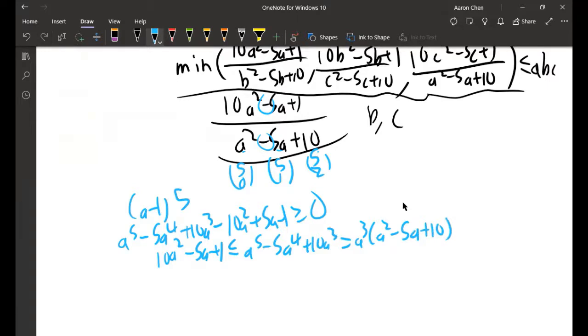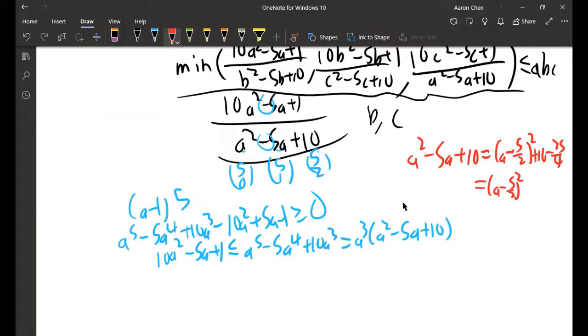And so now we have that. And so we now have that a squared minus 5a plus 10 is equal to a minus 5 halves squared plus 10 minus 25 over 4. And this is equal to a minus 5 halves squared plus 15 over 4.